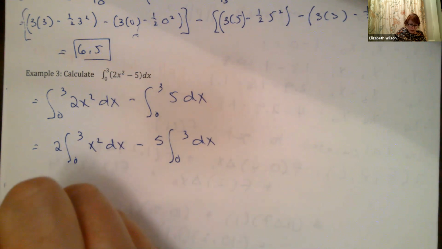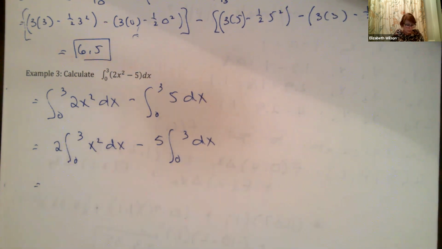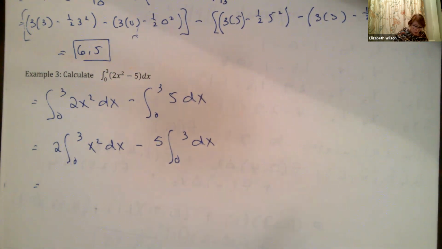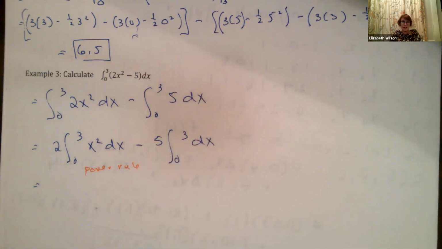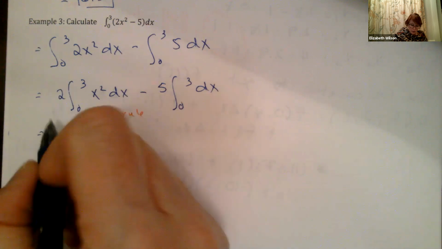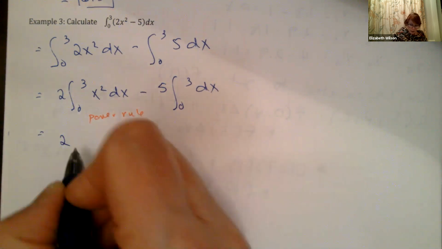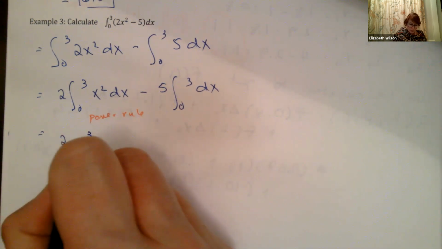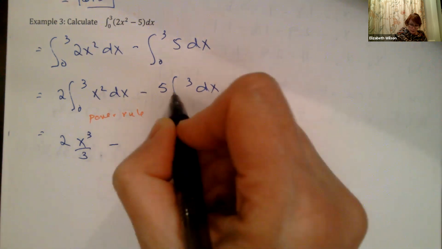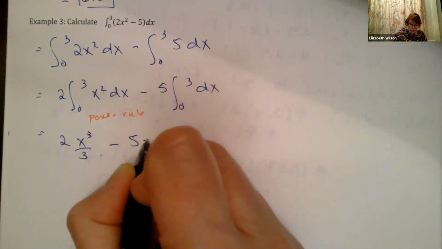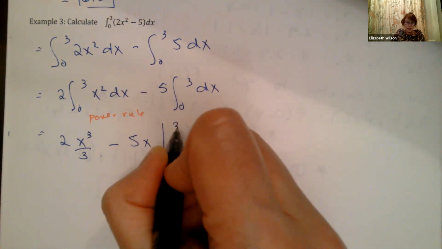Okay. Now I'm going to get 2. I'm going to do my power rule. Let's write that down. So this is, we're going to do power rule here when we go to integrate. So this is going to be 2, like we had before, times x cubed all over 3. Remember, I increment my exponent by 1 and I divide by the new exponent, minus 5x, and I'm evaluating both from 0 to 3.